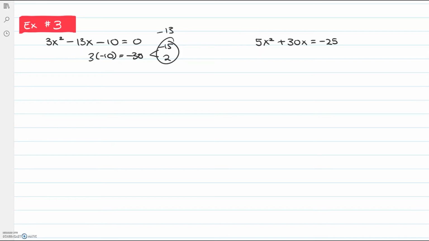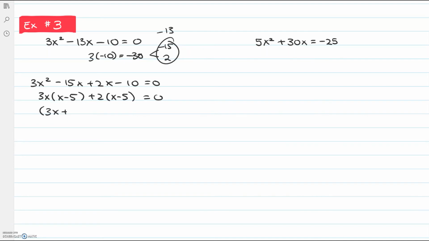Well, I could have minus 15 times 2 gives me minus 30, and they also add together to give me minus 13. Okay, so I'm going to rewrite that as 3x squared minus 15x plus 2x minus 10 equals 0. I can factor that out, so I have 3x times x minus 5 plus 2 times x minus 5 equals 0.